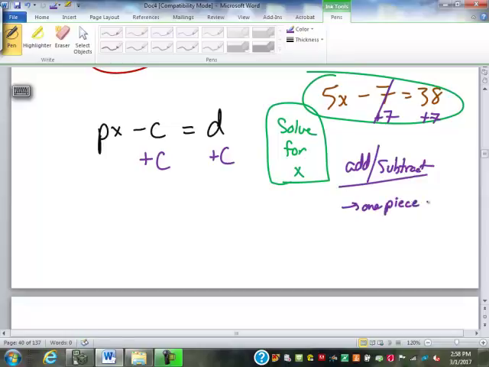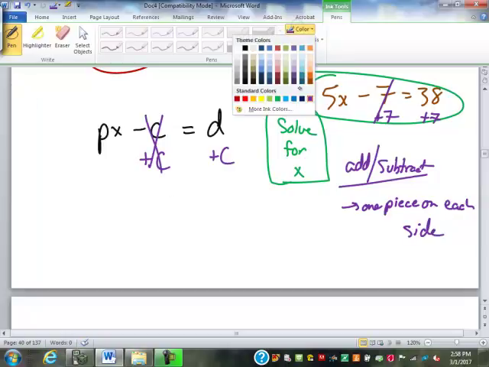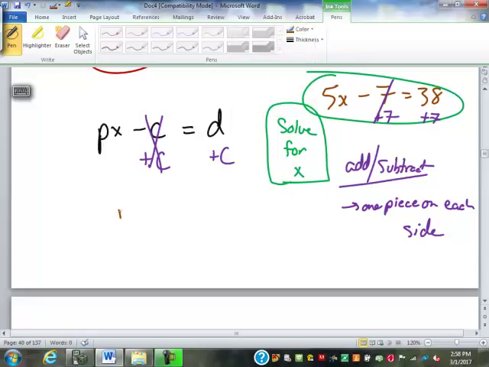One digit on each side. So we add the c here, that makes that go away. All I have to do is add c somewhere on the other side of the equation. So that means the px doesn't get affected. On the other side, d plus c, well, that just has to stay d plus c. There's nothing I can do to combine those any further.